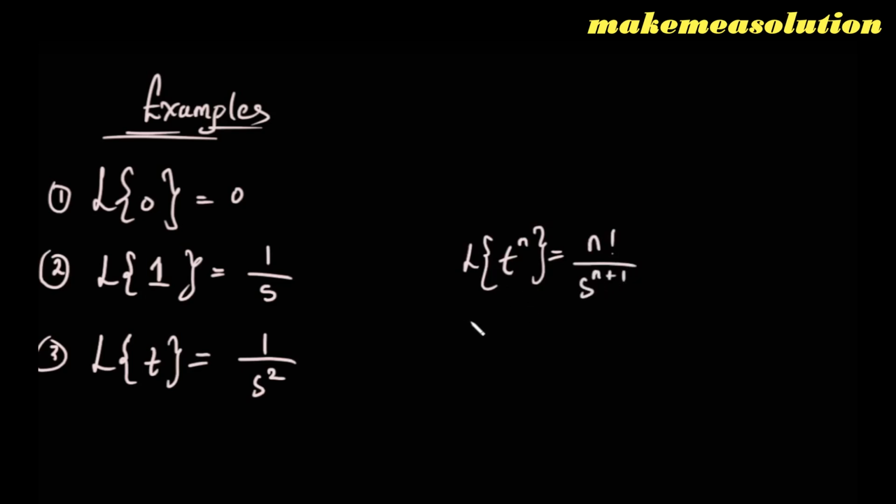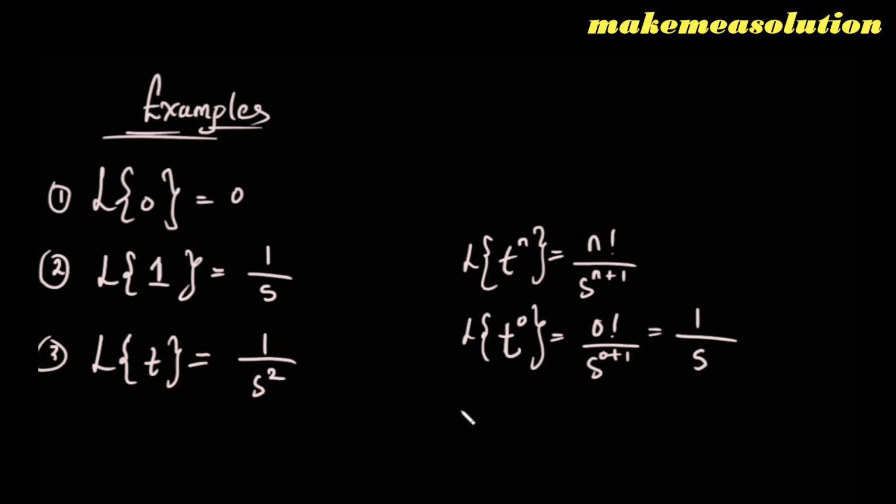So finding the Laplace transform of 1 is the same thing as t raised to the power of 0. So you have 0 factorial divided by s to the 0 plus 1. 0 factorial is 1. S to the 0 plus 1 is s to the 1, which is s. So the Laplace transform of 1 is 1 over s.